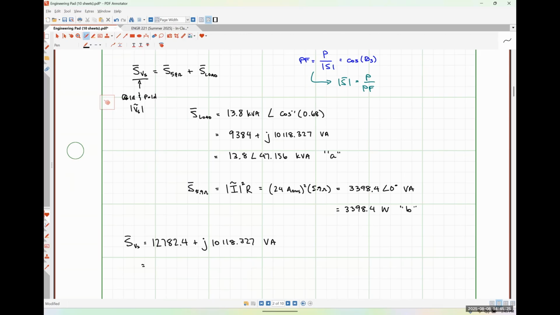And then in polar form, this is going to look like 16,302.463 with an angle of 38.365 degrees volt amperes.